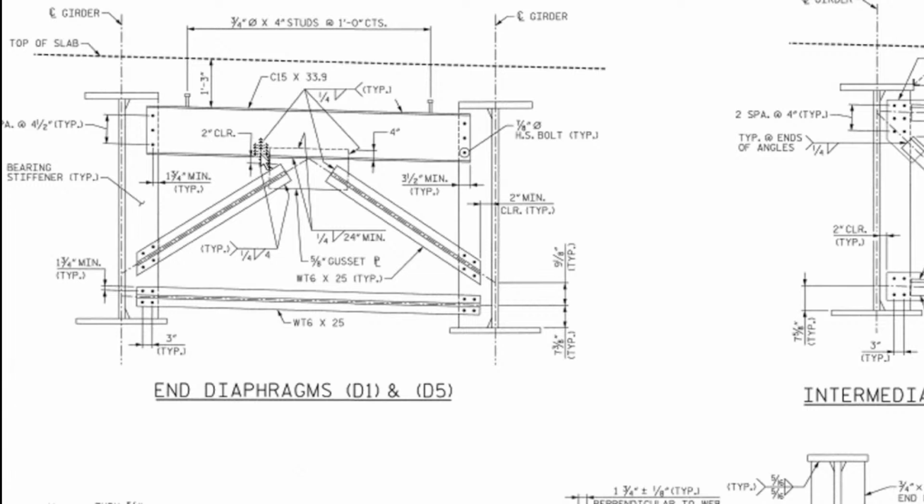The depth of the channel is 15, and 33.9 is the weight in pounds per foot. So how many pounds per foot is this C channel? This is 33.9.